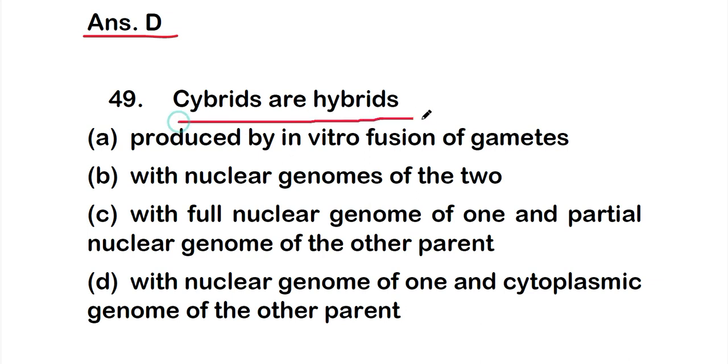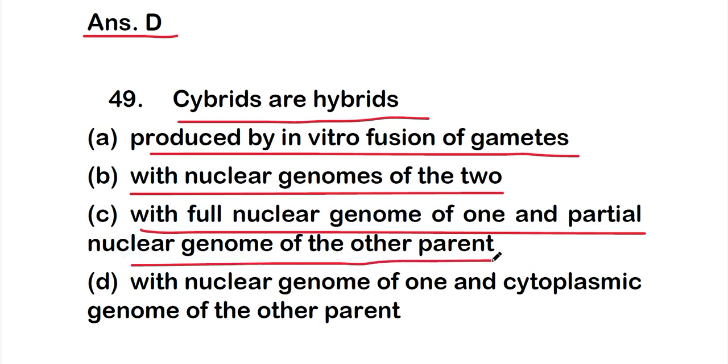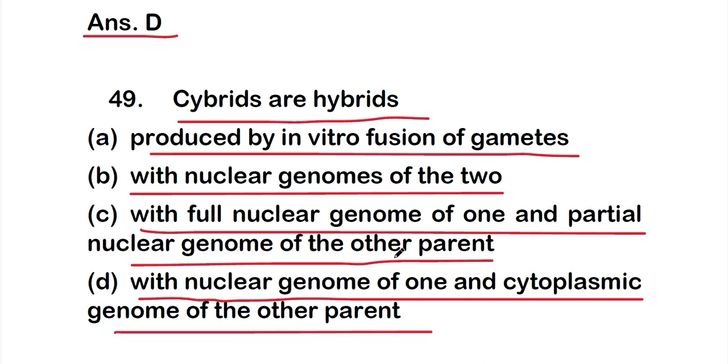So hybrids are hybrids which are produced by in vitro fusion of gametes, that is the option A. Option B, hybrids with nuclear genomes of two, or hybrids with full nuclear genome of one and partial nuclear genome of other parent, or hybrids with nuclear genome of one and cytoplasmic genome of the other parent.